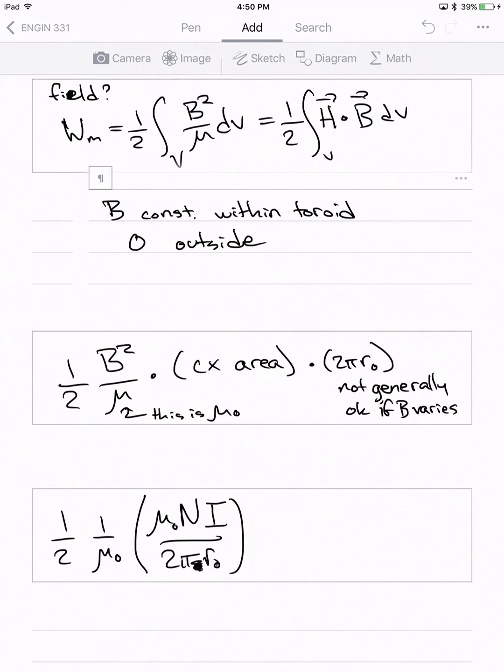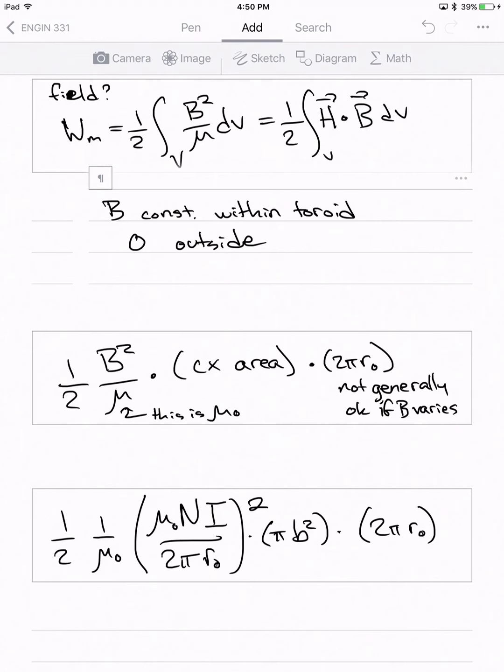That was our original equation for B. Then we're going to square this whole thing, multiply it by the cross-sectional area, pi b squared, and then multiply it by 2 pi r naught.